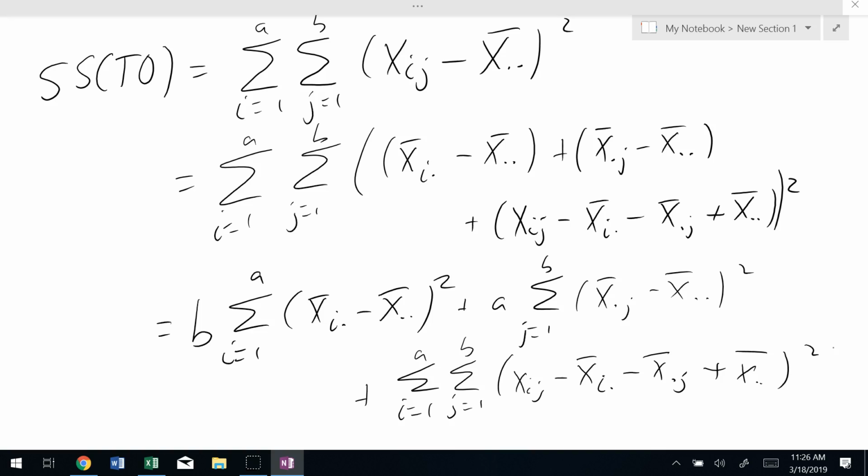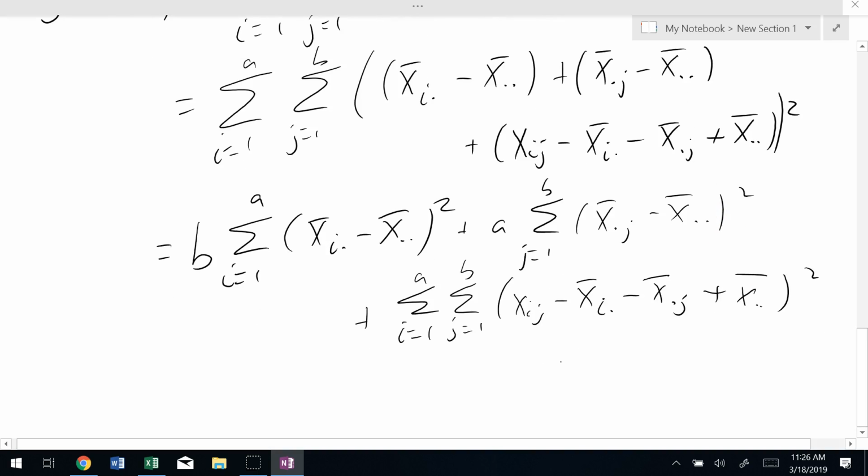Okay? Look at the form of this thing. We said that we were assuming some sort of an additive model for this, right? The mu sub ij was equal to mu plus the row effect plus the column effect. Well, let's look at this piece right here. I can rewrite that piece, and I'm just going to rewrite it underneath.